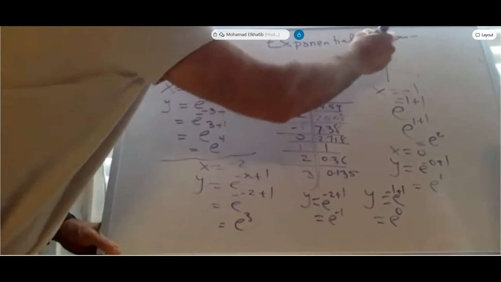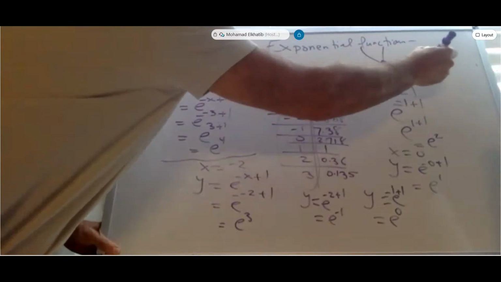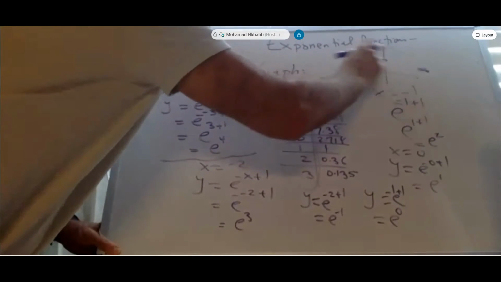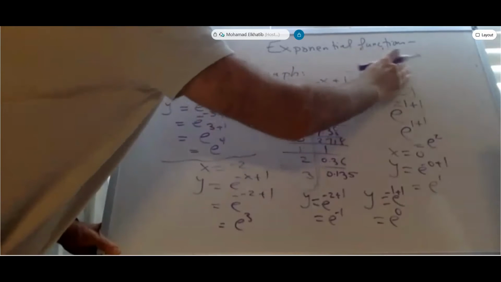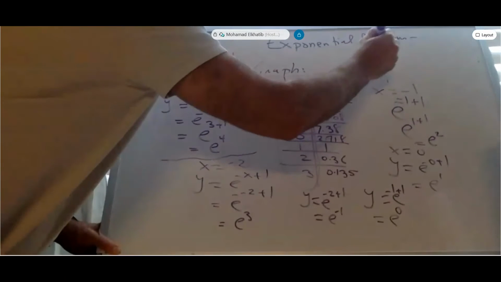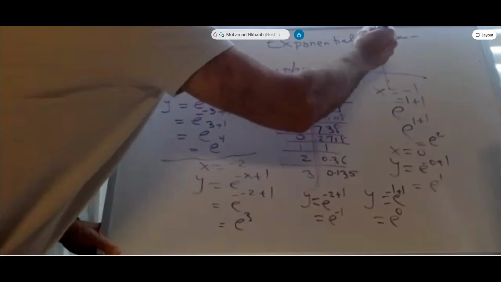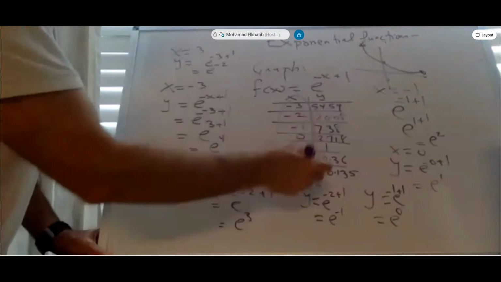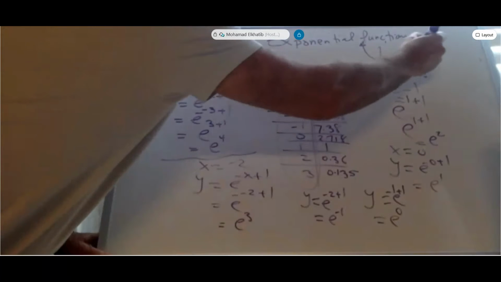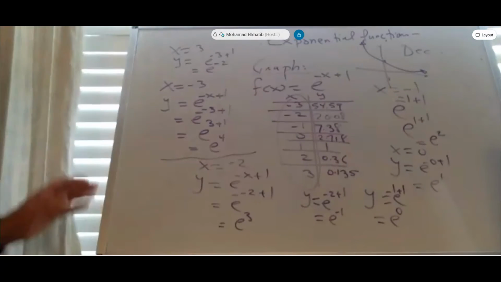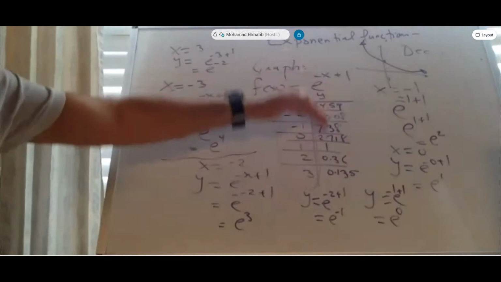What does decreasing mean? It's going down. Let me do it better here. This will be the graph right here, class. It's going down, and I'm going to call it a decreasing function, because as x goes up, y goes down.